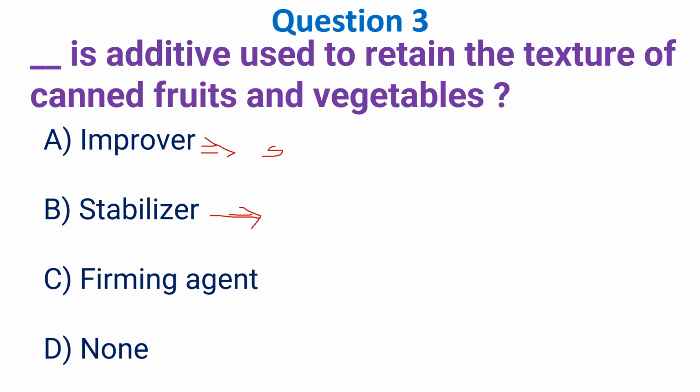What is stabilizer? Stabilizer is used in food to preserve its texture. It is mainly used to prevent ice crystals from forming in frozen food such as ice cream, and to prevent fruit from settling in products such as jam, yogurt, and jellies.